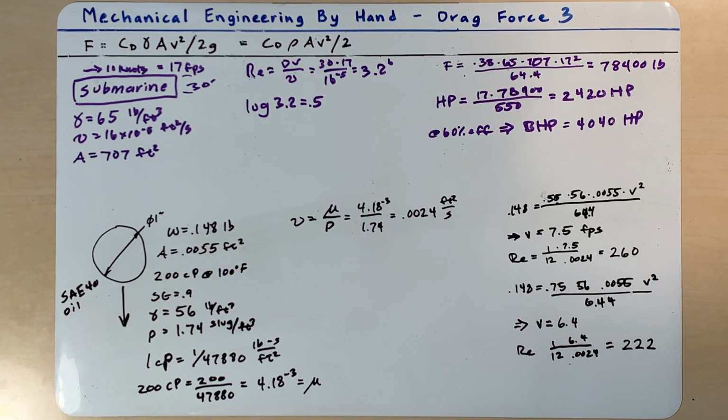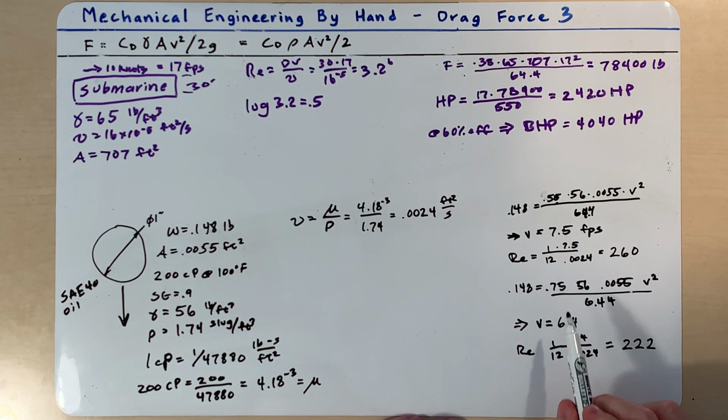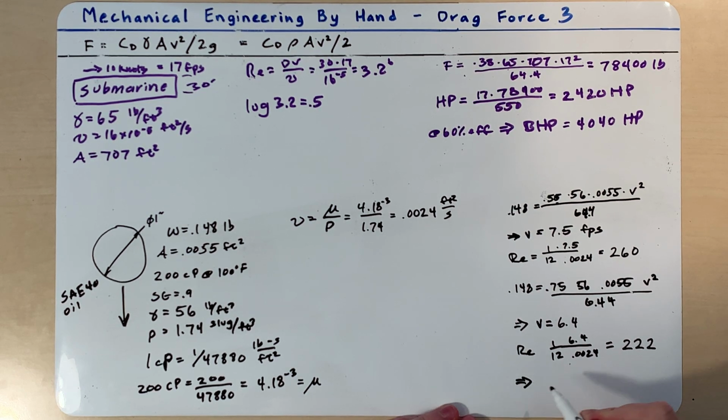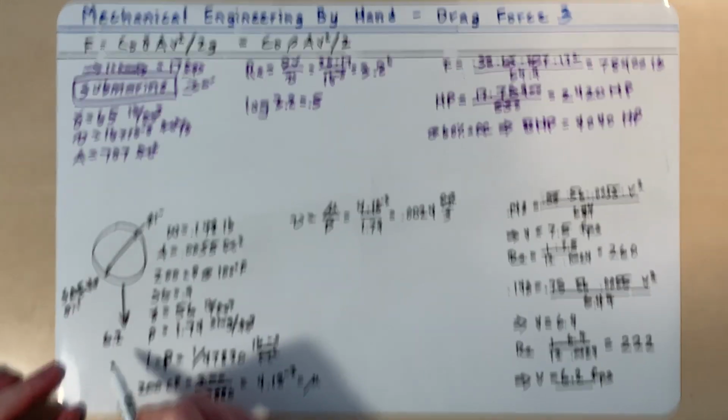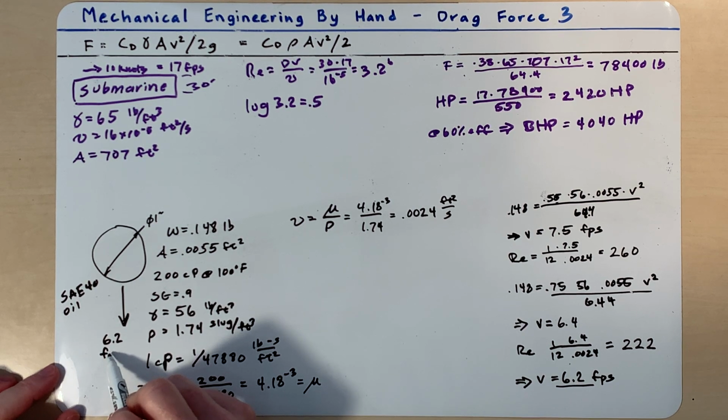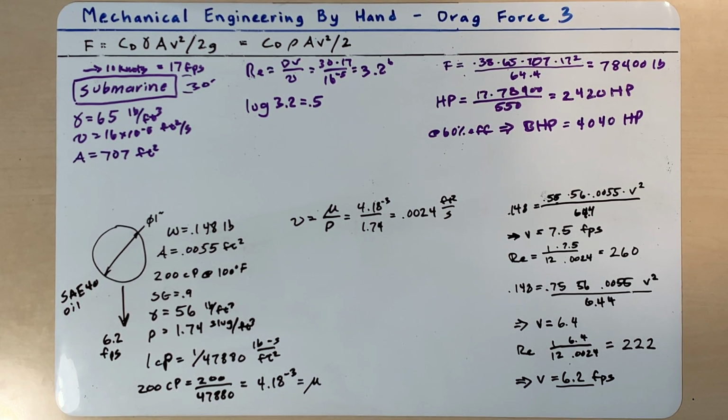So going through that same process with 0.8 here and solving for velocity, we get a velocity of 6.2 feet per second. And so I'm going to stop with iterations right there and say that's good. So this steel ball sinking through SAE 40 oil goes 6.2 feet per second. Okay, thank you for watching.